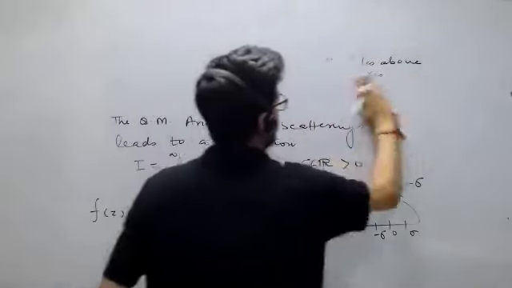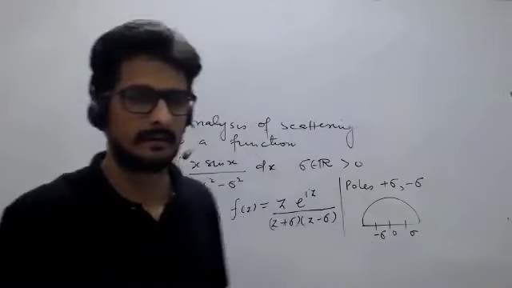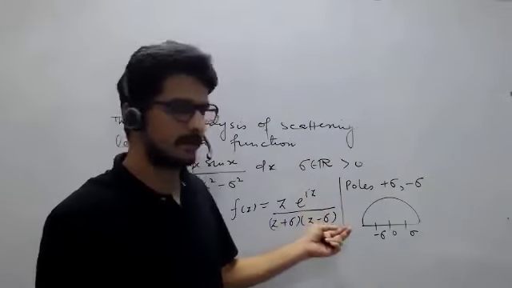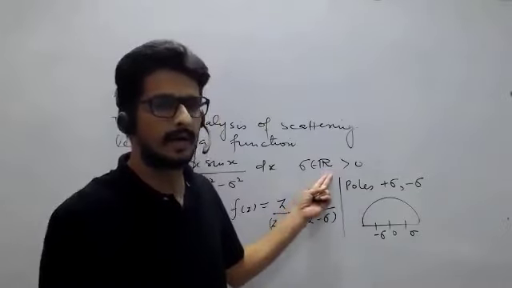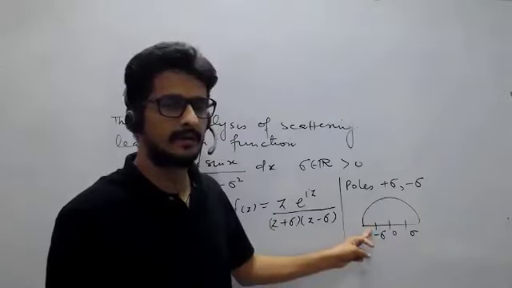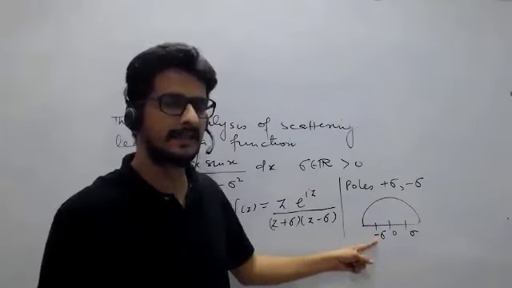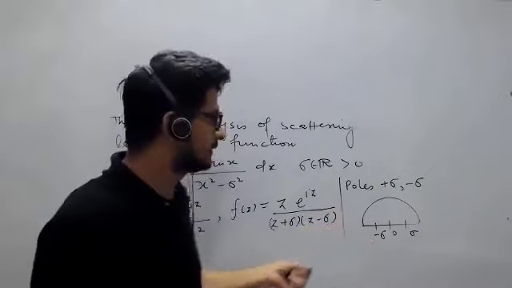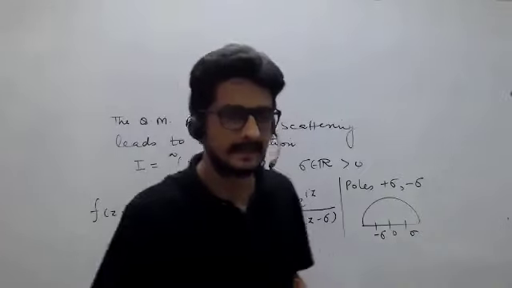Sir, but you have written sigma is greater than 0 belonging to real number. Yes, I have. So then how will we include minus sigma? See how it is made. Suppose sigma is 2, so 2 will be here, minus 2 will be here. So why will we leave this, tell me. What is the reason why I should leave this? Suppose sigma is real and greater than 0, so let us consider that sigma is equal to 2.